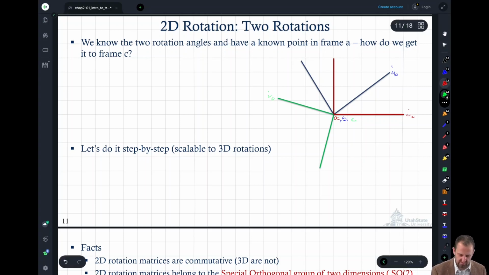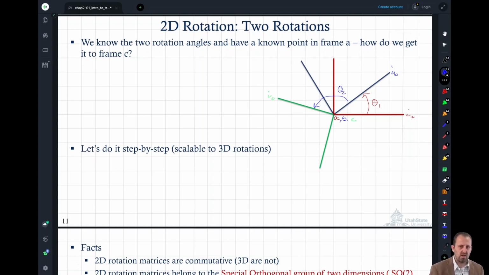So say we have the angle from A to B, let's call that theta 1, and this guy from B to C, we'll call this theta 2. So we rotate once, and then we rotate our frame again.